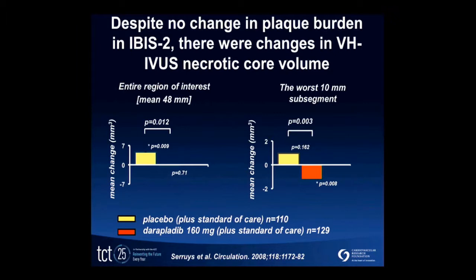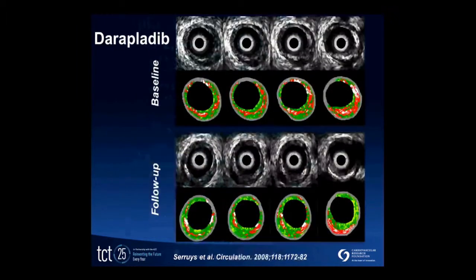It was the EBIS-2 study, and you can see that even though there was no change in overall plaque burden, the study drug, darapladib, was associated with a reduction in necrotic core, and that was also seen in one of the clinical examples from the study. You can see that the red in the upper panels significantly decreased in the lower panels, as well as an increase in fibrous cap thickness.